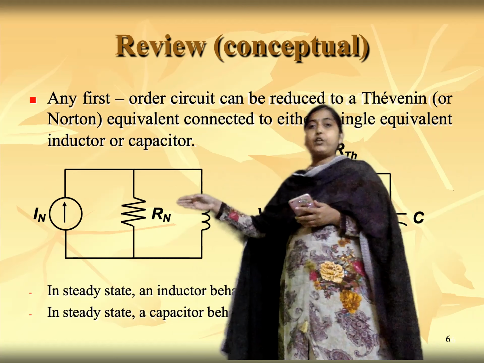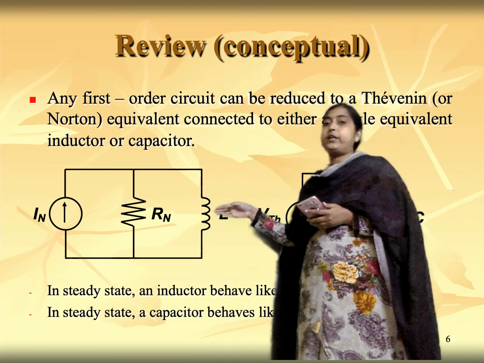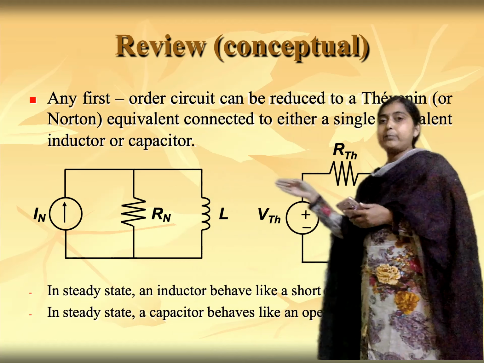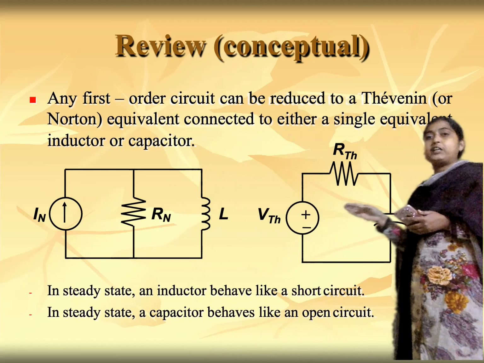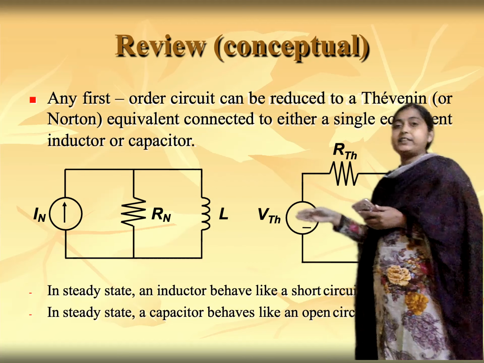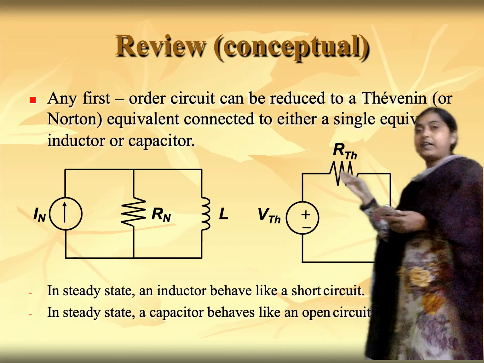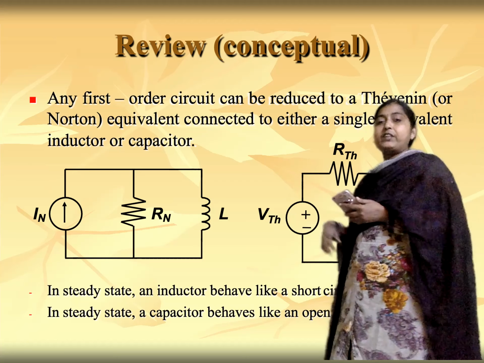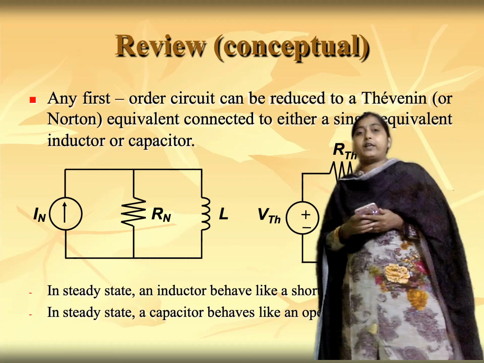Such a circuit we call the Norton's equivalent of an RL circuit. Similarly, an RC circuit can be replaced with a Thevenin's equivalent, with voltage VTH in series with RTH and then a capacitor C. So any circuit can be represented as a Thevenin's or Norton's equivalent.